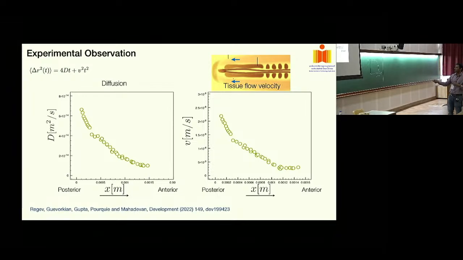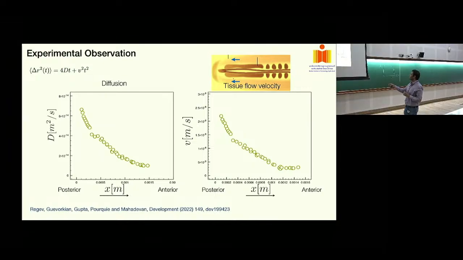The same is true for the drift velocity. The drift velocity is large at the posterior end, and it goes down as you go towards the anterior end. And again, to tell you the number, Sanjeev, it is of the order of 0.03 microns per second. Okay. Yes, so this is an experimental observation. Now we'll try to look at our data and see whether we can capture similar things or not.